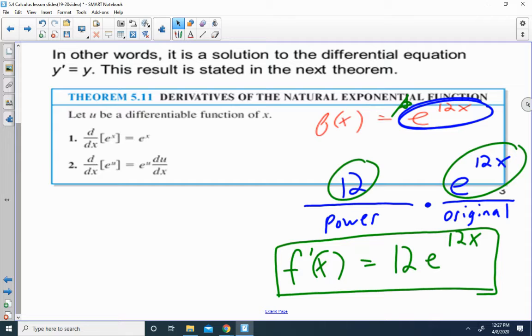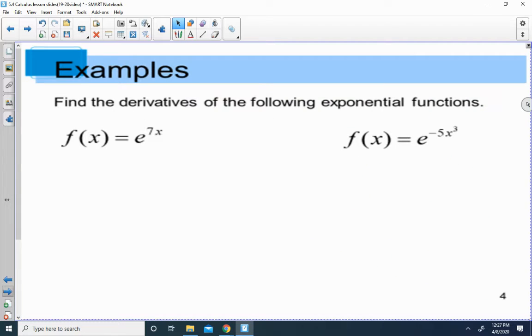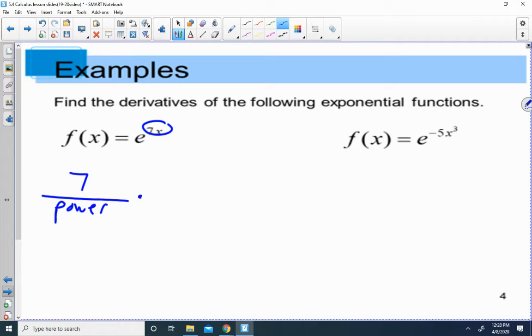Let's do a couple more examples like that just so you can get the hang of it. For this example, we're going to take the function e to the 7x, and we're going to derive it just like we did. First thing, take a look at the power and derive that. So derive 7x, which is just going to be 7.